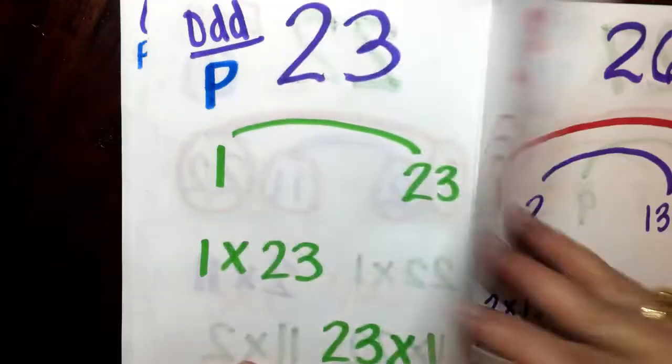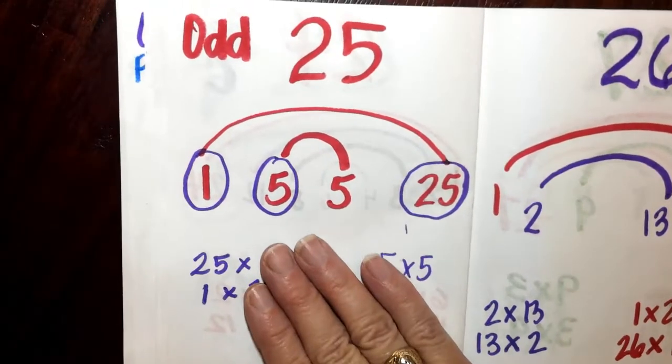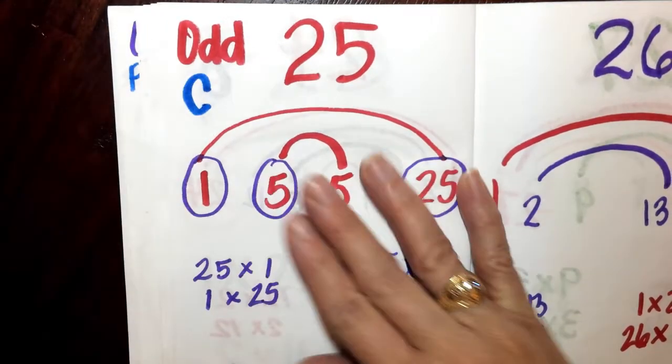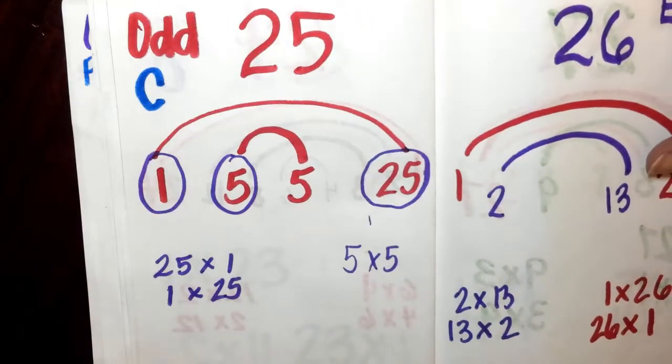The number 25 is odd, but it has more than just two factors, so we're going to label it composite also. It's also a multiple of 5.